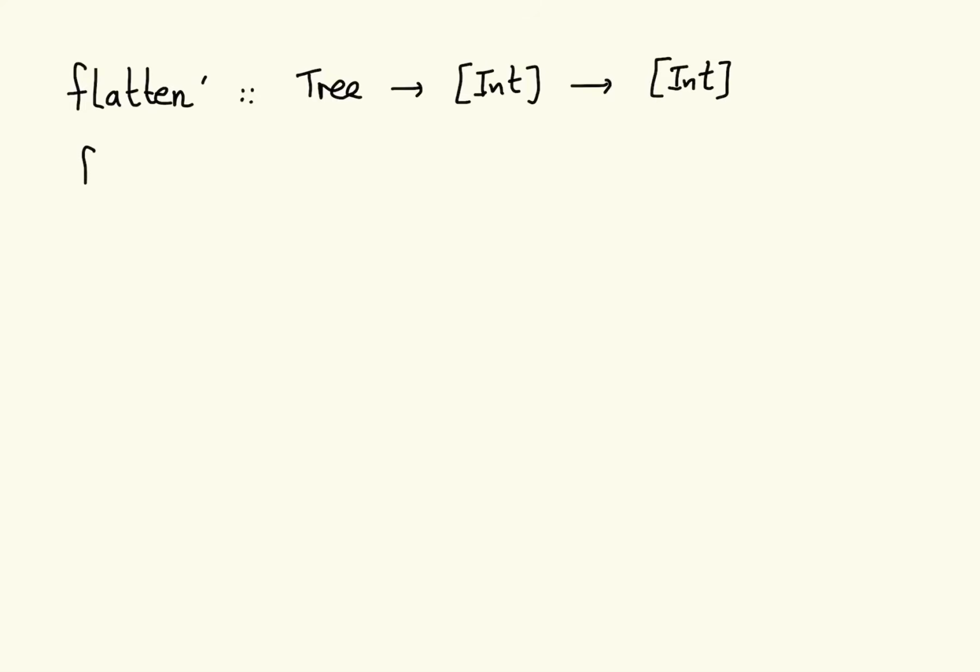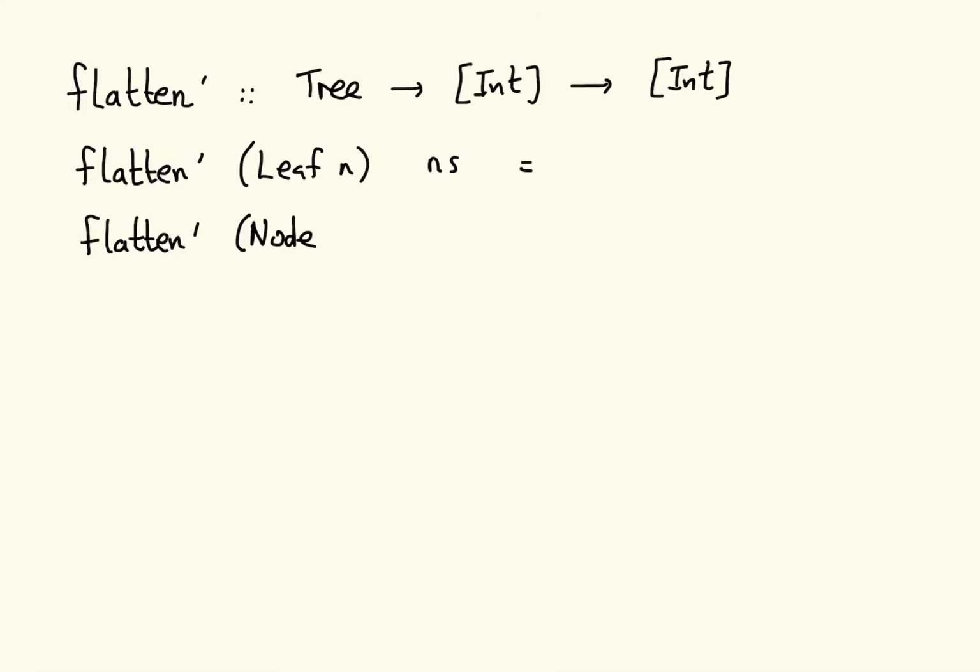And then we calculated the two cases for the definition. So flatten prime of a leaf n, and some numbers n's, that was something. And then we had flatten prime of a node with a left subtree L and a right subtree R, followed by some list of numbers n's.